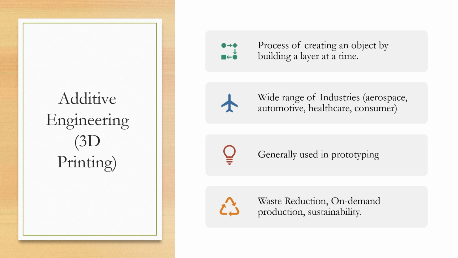So a quick explanation of additive engineering. Many people already know it as 3D printing, and there is a whole different science and techniques behind 3D printers and designing for printing, but we're looking at the grand scope of additive engineering as a whole. 3D printing just encompasses this concept.